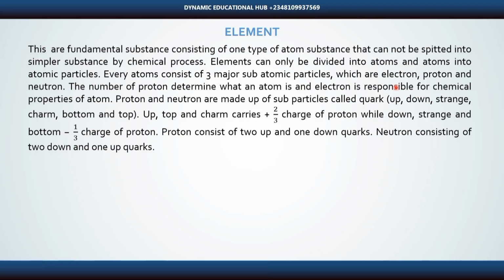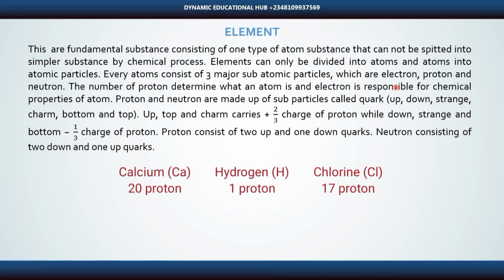The number of protons determines what an atom is. For instance, when you have an atom that has a single proton, the name of that atom is hydrogen, so you call it a hydrogen atom. So the difference between atoms is attributed to the number of protons present in the atom.